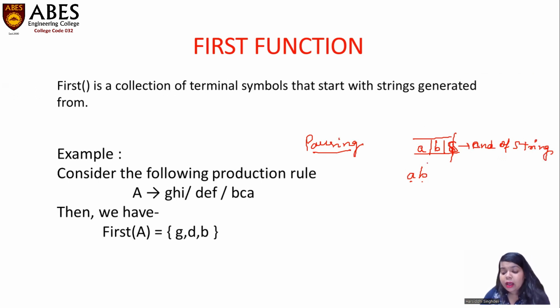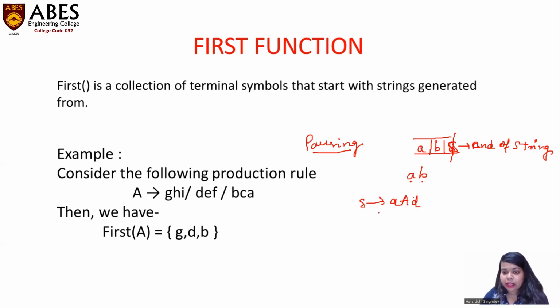Now, here we want to generate a small a and a small b. But we have to check the production rule. Suppose we have the production rule S tends to small a, capital A, small d.